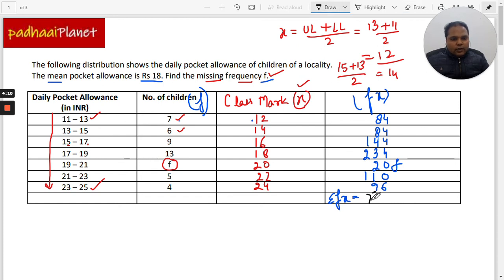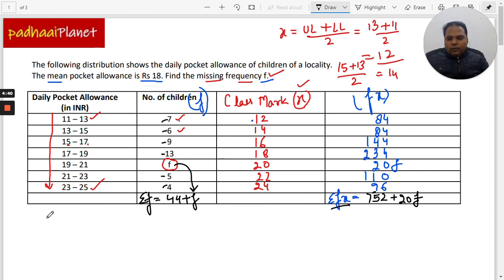And here, sigma f, we can write this as 44 plus f. We have added all of these frequencies. So this is how we get the value of sigma f and sigma fx.